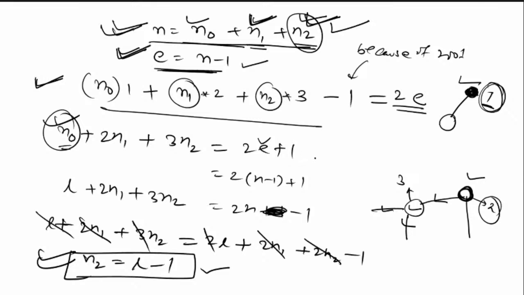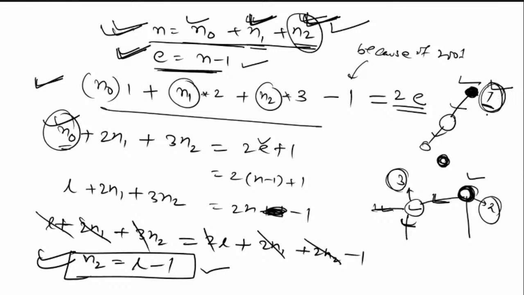But here there was a catch, a trick. This root node, whichever category it belongs to, if it belongs to the two child category, then it will have one less degree, because normally all other two child vertices have 3 degree, but this root node will have 2 degree. Similarly, if this root node belongs to the n1 category, meaning it has one child, then normally other one child vertices have 2 degree, but this root will have 1 degree.